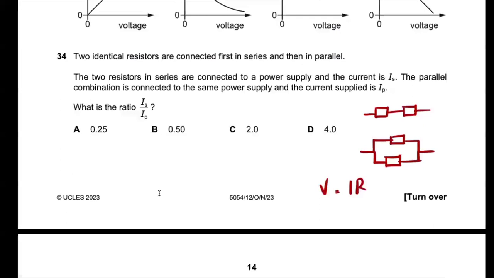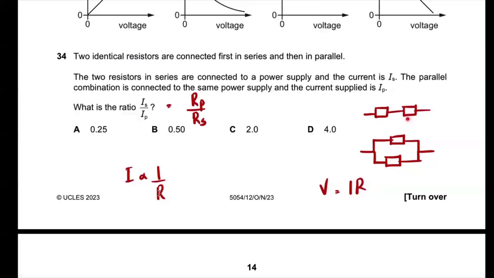And what this means is I and R are inversely proportional, right? So if I need the ratio of IS to IP, by inverse proportion that's going to be the ratio RP over RS. All right, just because of the inverse proportion, this ratio flips.